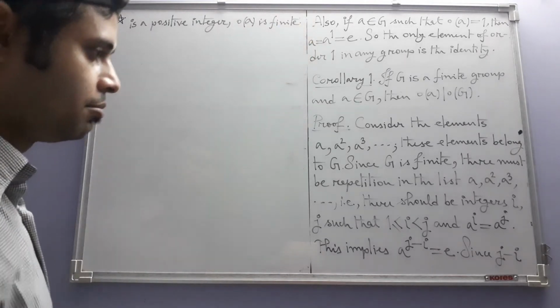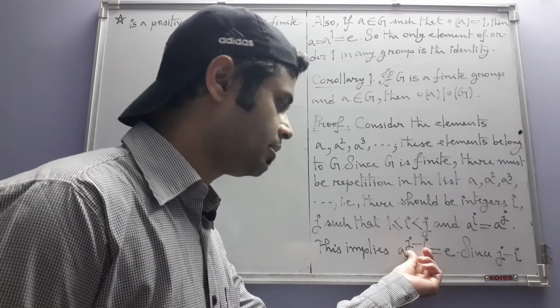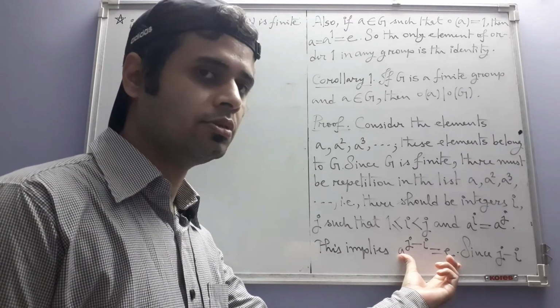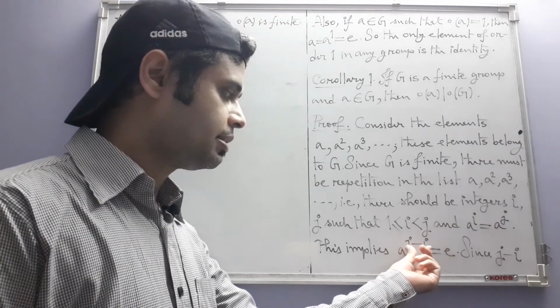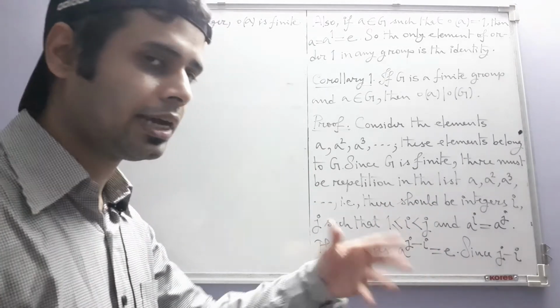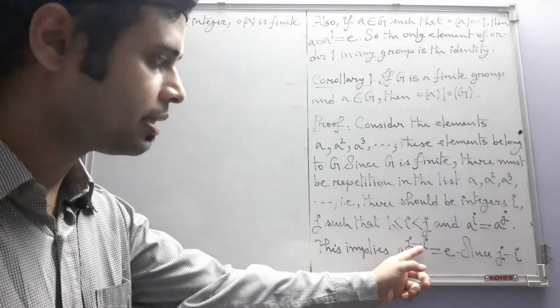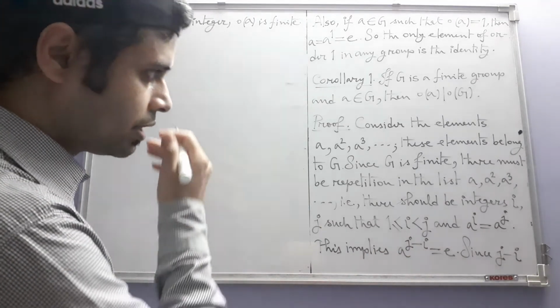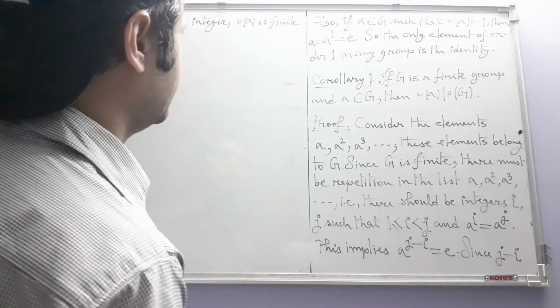Why? Because we have already obtained a positive integer for which this equation is true. So the order of A is the least such positive integer. So that means that will be finite, that will be less than or equal to j minus i. So we have proved that order of A is finite.